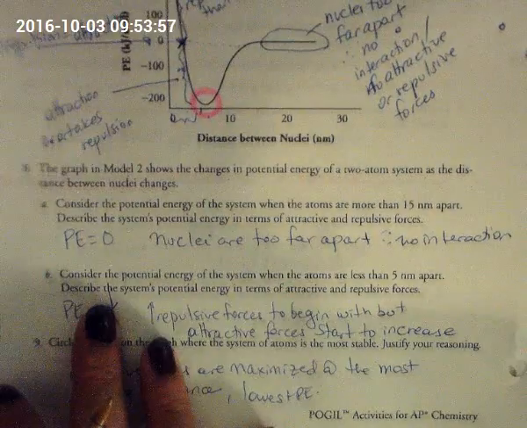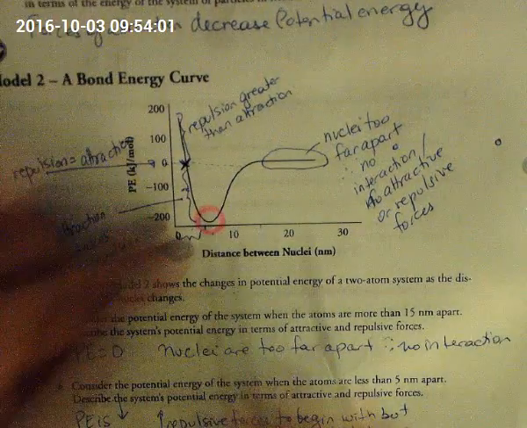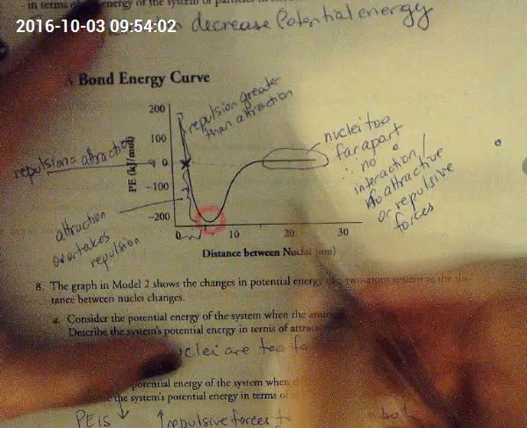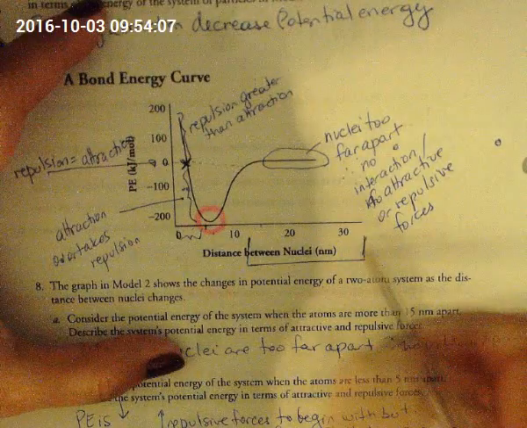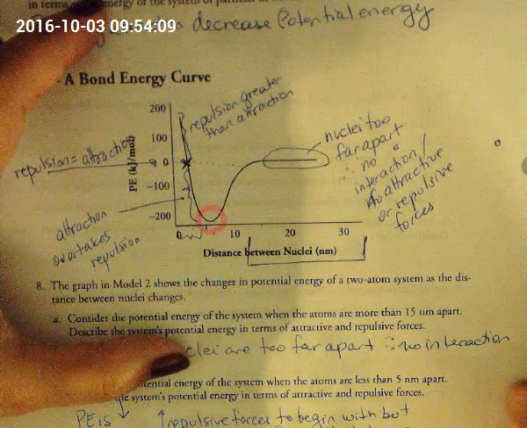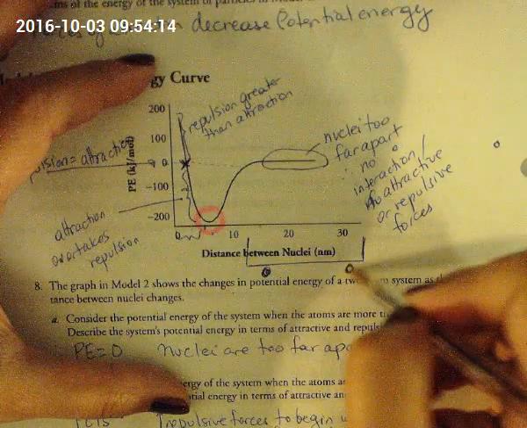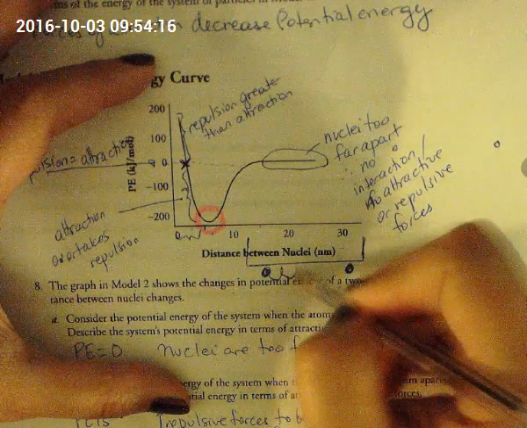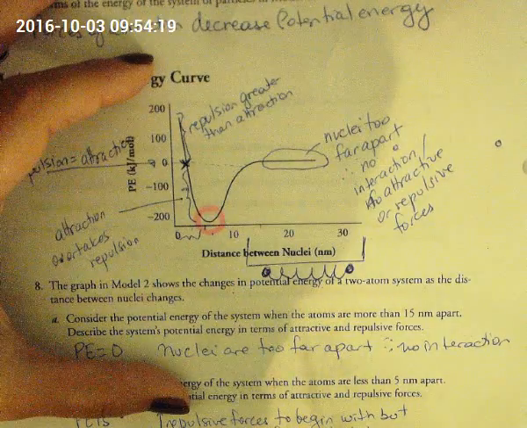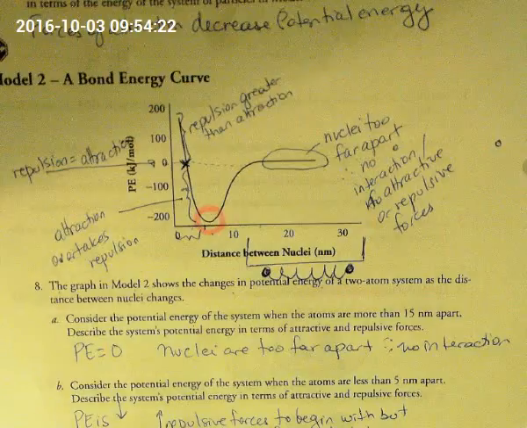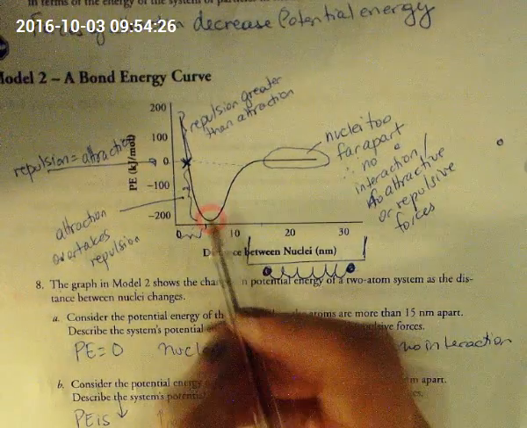So let me give you another view of this particular graph. Okay? This part of the graph, from here to there, would be like if you took a spring and attached two atoms to either side of the spring, and you stretch that spring out, right? Where those two atoms are so far apart, there's no interaction between them at all.